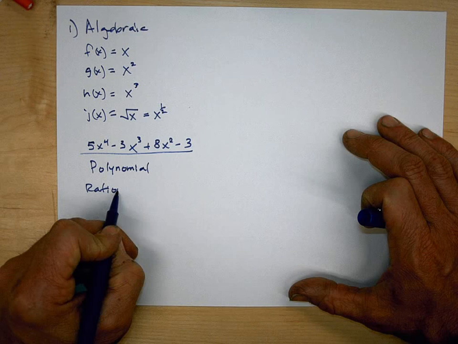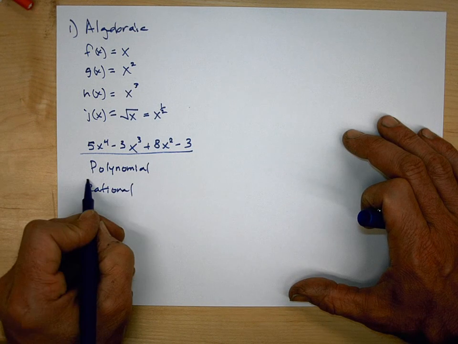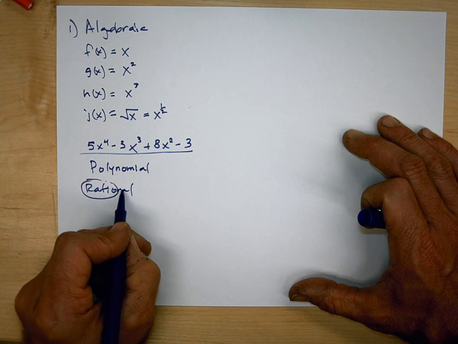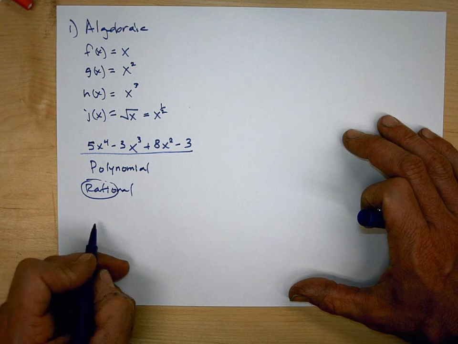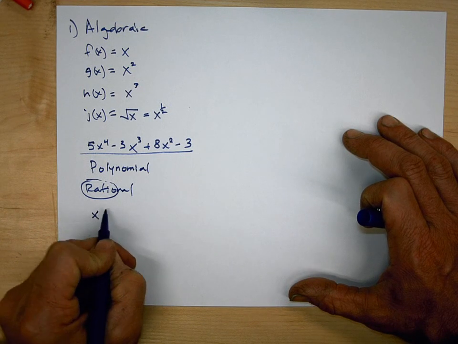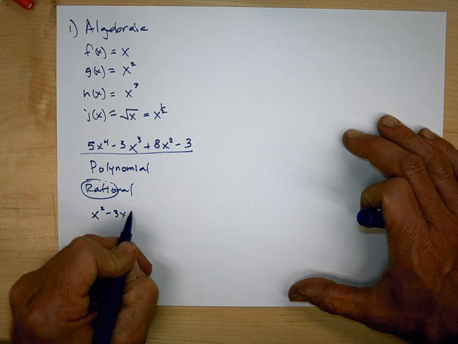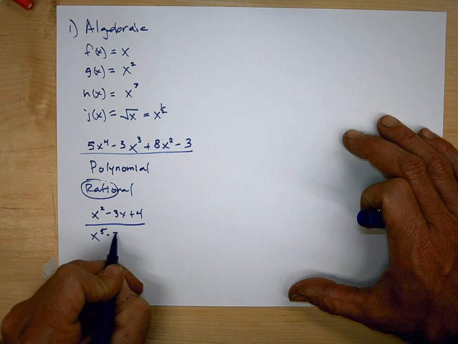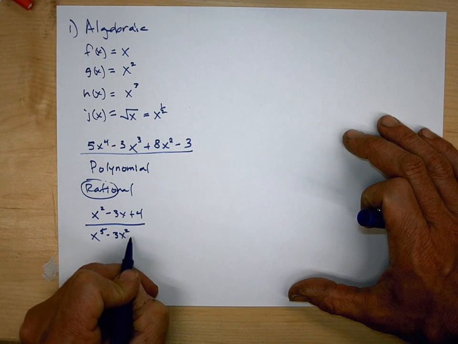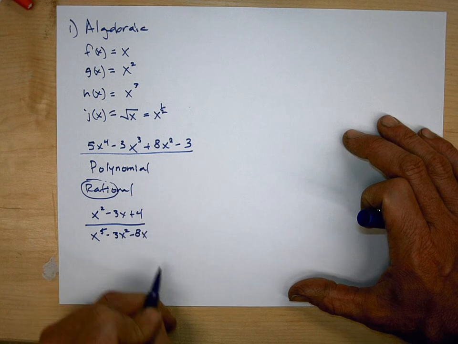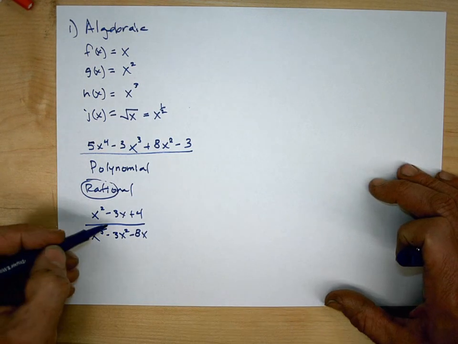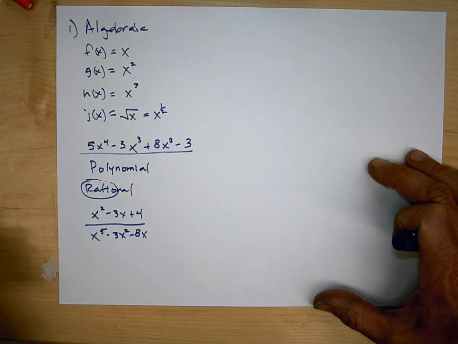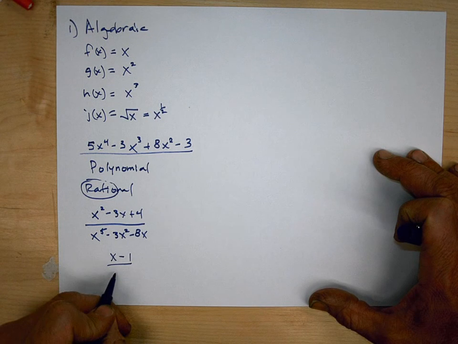The way I think of rational is ratio. It's the ratio of two polynomials. So, for example, I might have x squared minus 3x plus 4 over x to the 5th minus 3x squared minus 8x. Anything where I take the ratio of two polynomials. It could be as simple as x minus 1 over x.